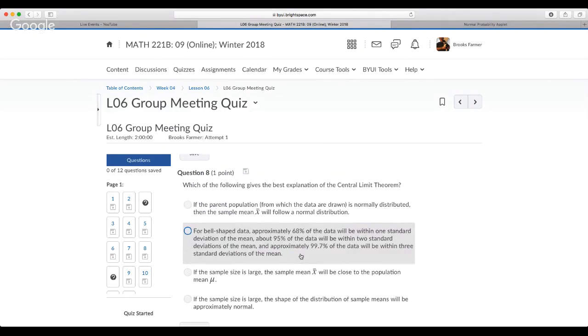It says, which of the following gives the best explanation of the central limit theorem? Let's see. I think it's, well, give me a sec. I just can't read all these. Yeah, I think it's the last one. It's kind of confusing because some of these seem right.